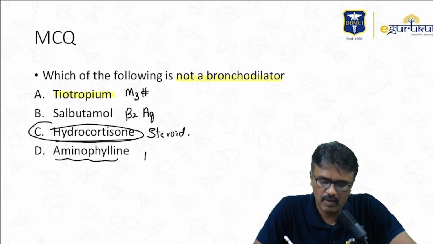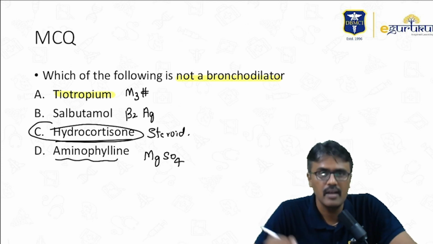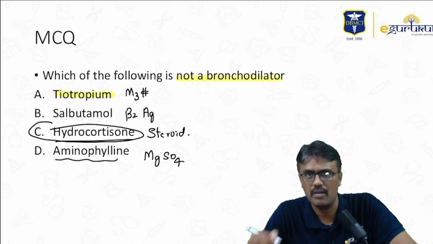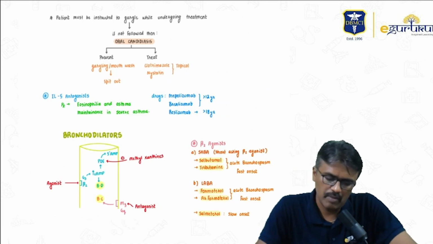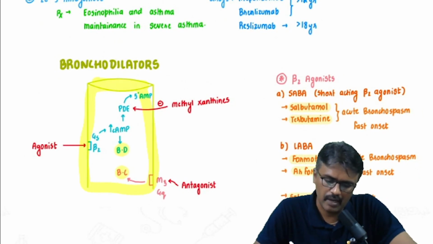And in the future exam, they will also ask you whether magnesium sulfate is a bronchodilator or not. Yes, it is a bronchodilator used in acute severe asthma or acute attack of asthma. Same concept. This is the diagram. You can see the bronchus has been represented here, and the beta 2 agonist will increase cyclic AMP, that will cause bronchodilation.